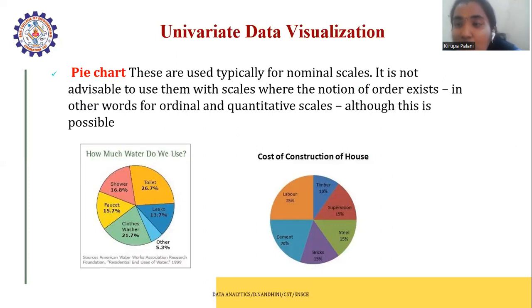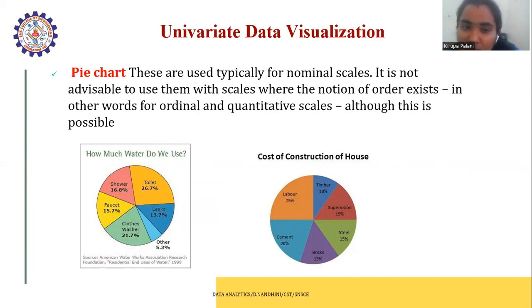Univariate data visualization: visualizing the data in the form of a bar chart. Bar charts are typically used for nominal scales. It is not advisable to use them with scales where the notion of order exists, in other words ordinal and quantitative scales, although it is possible. For example, how much water do you use?